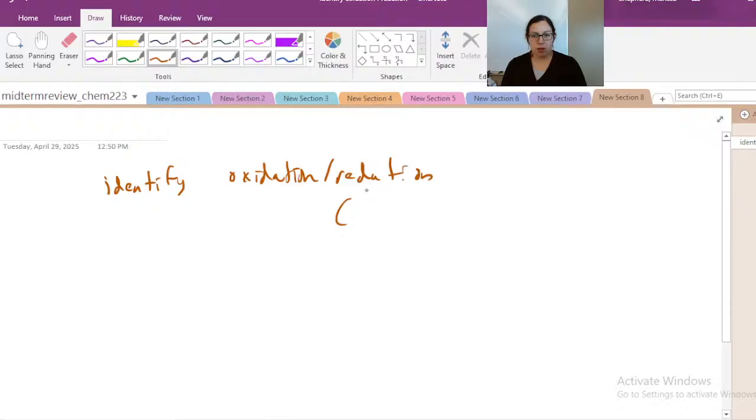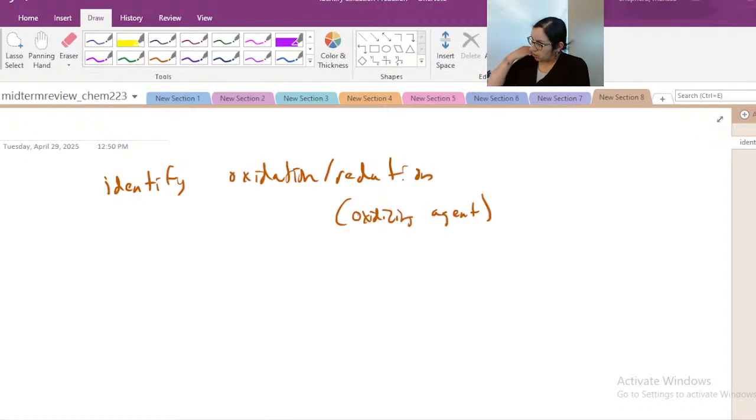If it underwent reduction, then it's the oxidizing agent. Like I said, right now it's 10 questions, basically free response. I guess the last one is technically a multiple choice question. We basically went over most of the representative problems today.